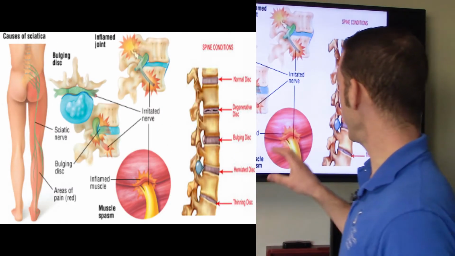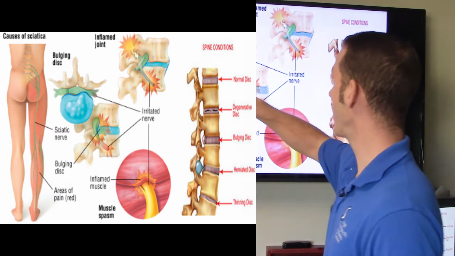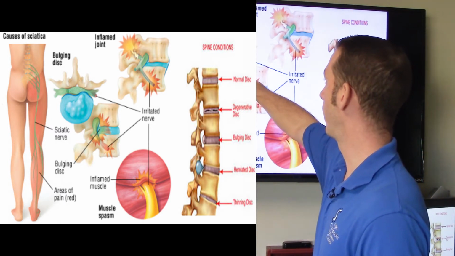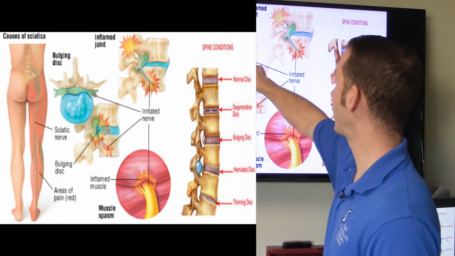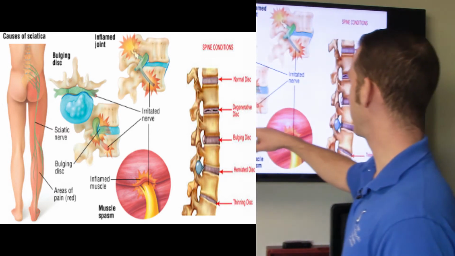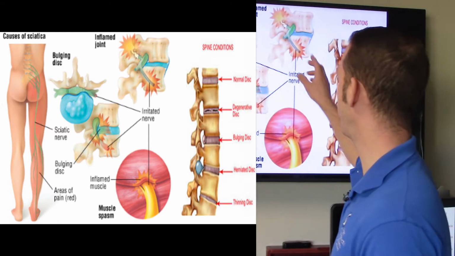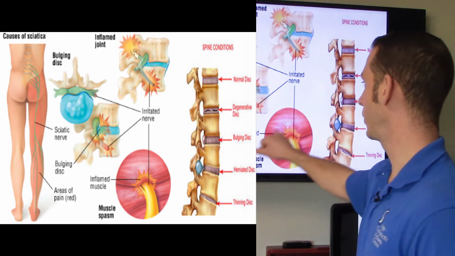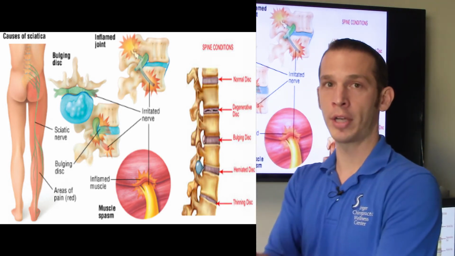Now, when we have misalignments in the spine, again, we could see pressure on the disc. Those discs can actually start to bulge, and when they do, they'll put pressure on the nerves which are exiting, the nerve roots there, okay? And that's just one of the causes of sciatica, a bulging disc. We talked about how the muscles can become inflamed or stretched out.